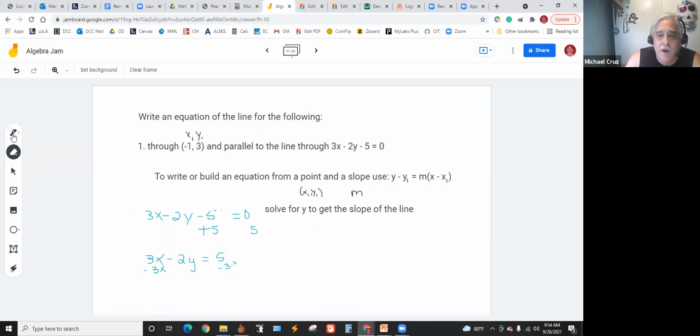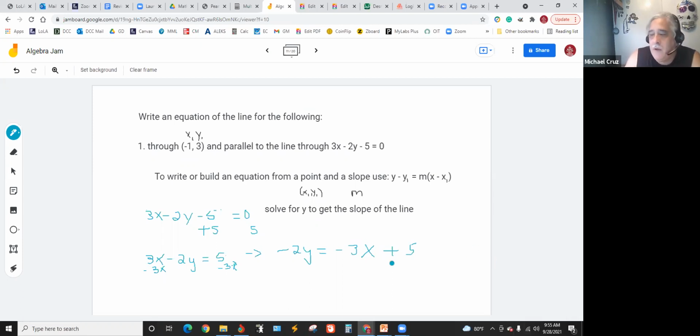So now it's minus 3x on both sides, which is going to give us negative 2y is equal to negative 3x plus 5. All right. Now we got to do one more thing. Yeah, thanks, Danielle. I was just not paying attention when I was talking.